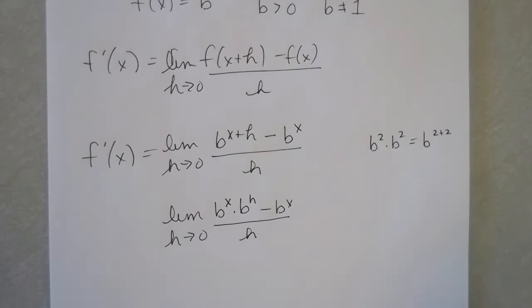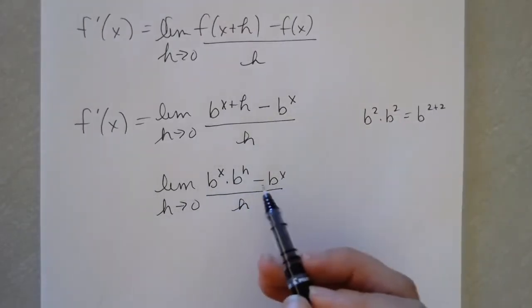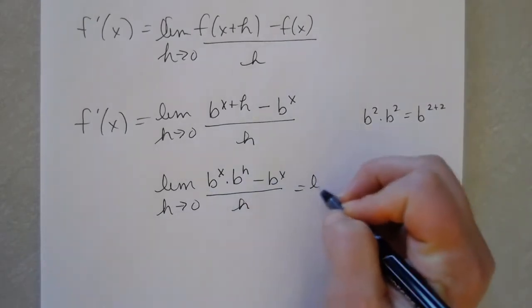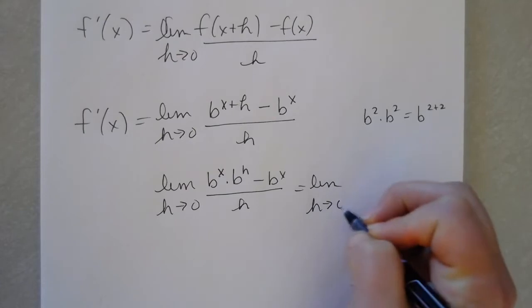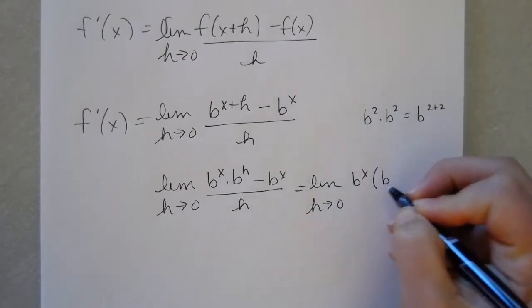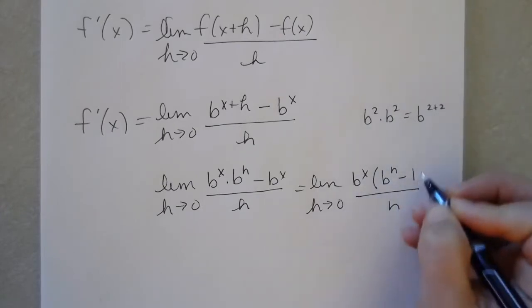I did that so that you can see that b to the x is common to both of these, so I'm going to factor out b to the x on the top. So this will be equal to the limit as h approaches 0 of b to the x, factoring it out, times b to the h minus 1, over h.